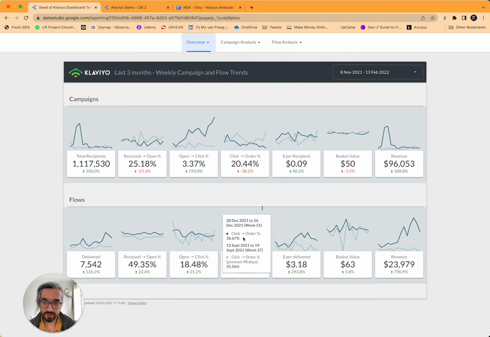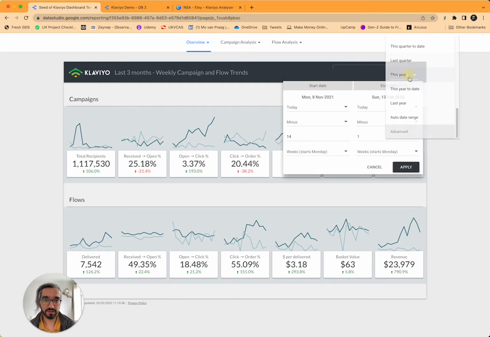And that is because the click to order conversion rate has increased recently in the flow. We have been doing something, and this something makes people order more if they click. So you can get this kind of analysis with this dashboard.